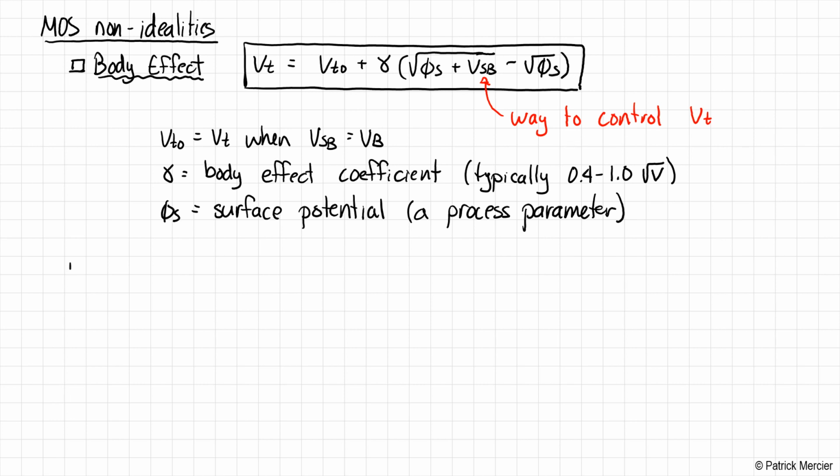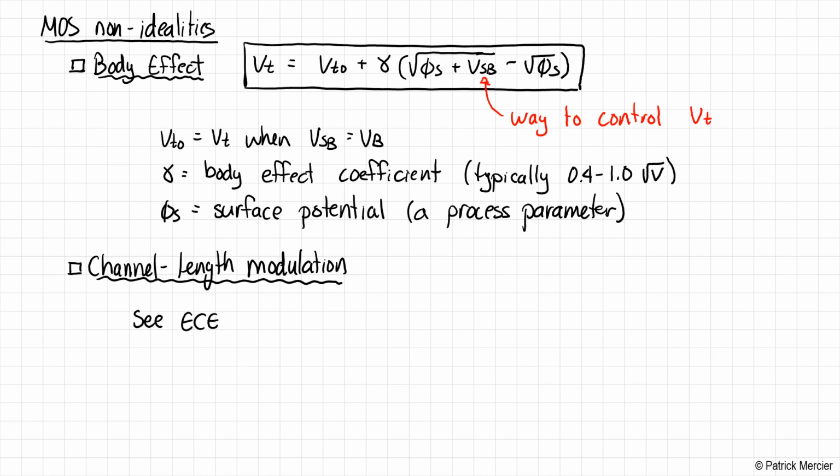The next non-ideality I want to talk about is channel length modulation. This is something that you should have already learned about in ECE 102 or an equivalent class. So if you want more details, go back to your equivalent class about this.